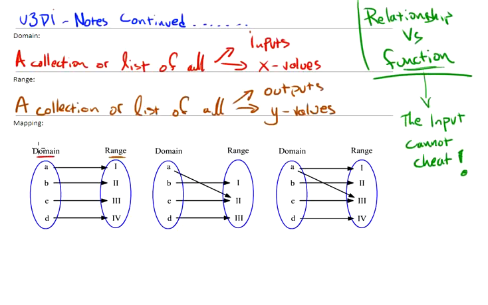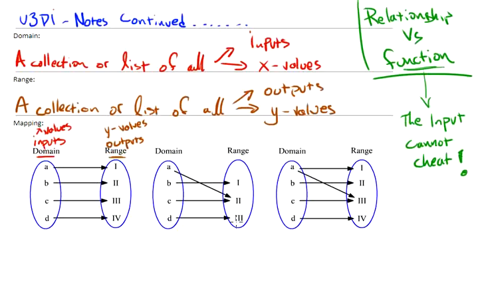If I were to list out all the things that this is, look at this. This is a collection. It's a list of all my what? All my inputs, and it is my x values. Now over here, this is all my outputs, all my y values.